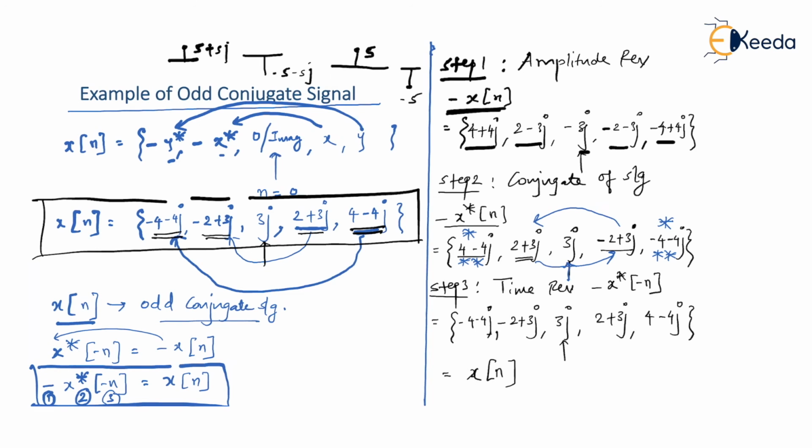That is, when x of t is an even signal, then we have already seen in the graph that the left hand side characteristic and right hand side characteristic are exactly the same. Whereas when it comes to an odd signal, the given x of t looks like a diagonal symmetric signal. But then it is quite difficult to really show you complex signals. I'll tell you the reason why.